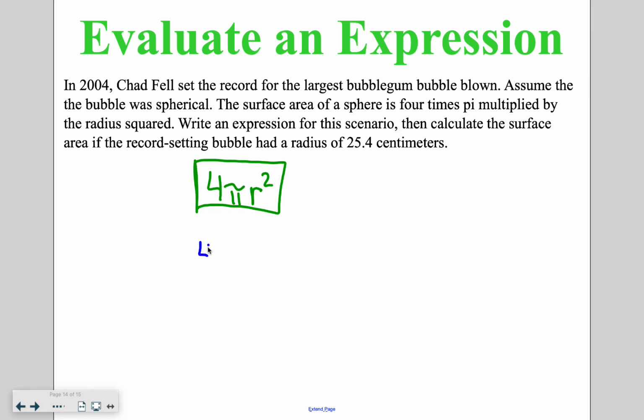So I'm going to take 4 times, for our purposes we're going to use just 3.14 for pi, and then plug in that radius value, so 25.4 squared. Now we can go ahead and solve. So I'm going to start by doing my exponents. So 4 times 3.14 times, when I solve that, I get 645.16.